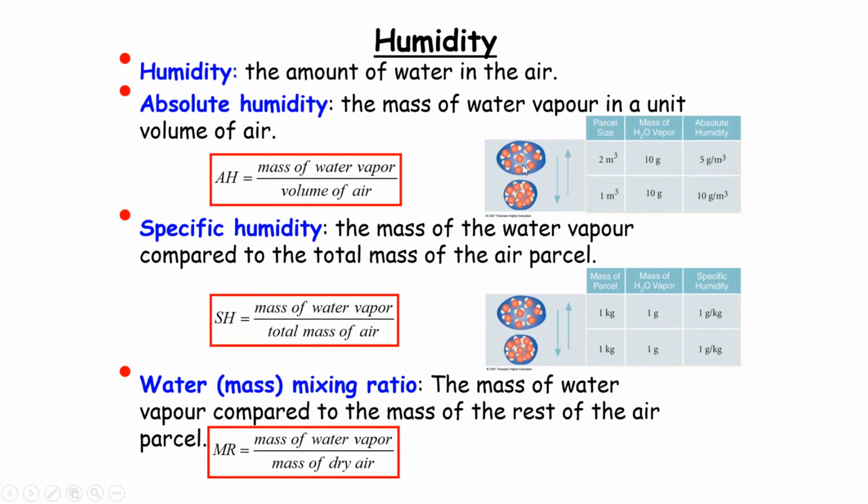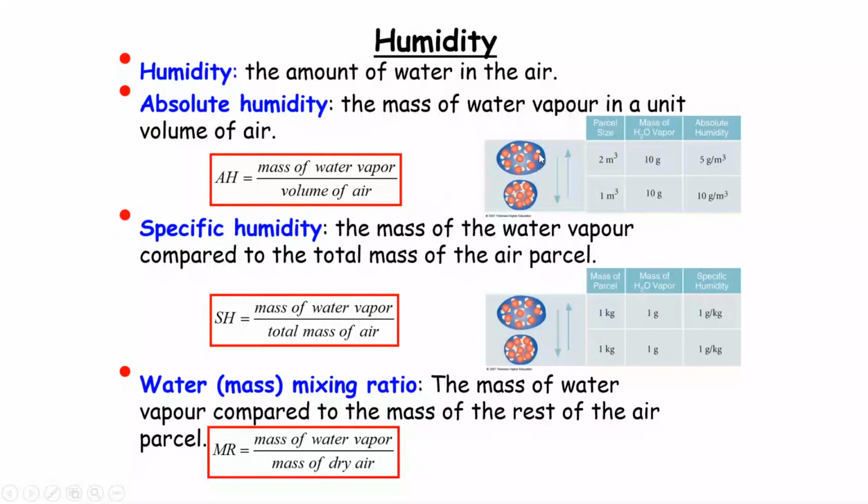These white particles or molecules are water vapor. Absolute humidity, as a dimensional quantity, is nothing but vapor density.